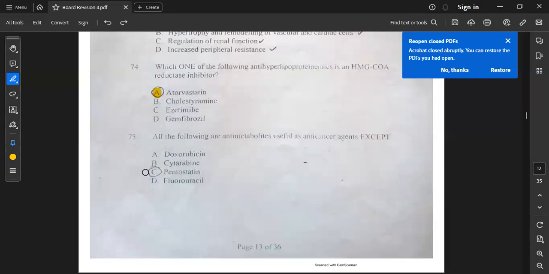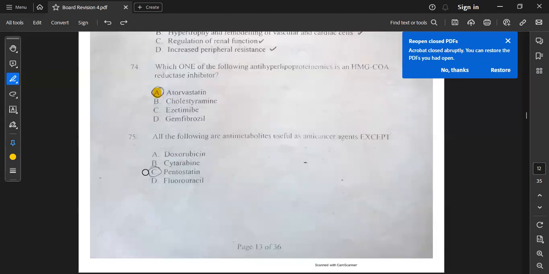We have the nitrogen mustards such as cyclophosphamide, ifosfamide, and chlorambucil. And we have the triazines such as dacarbazine, temozolomide, and procarbazine. So these are the alkylating agents: the platinum compounds, the nitrosoureas, the nitrogen mustards, and the triazines.